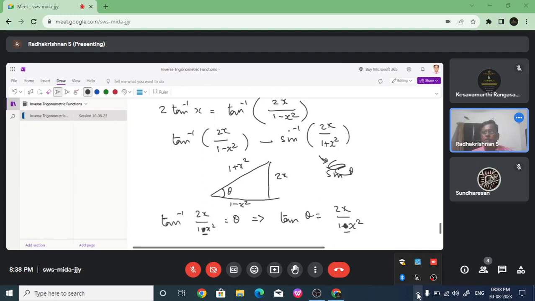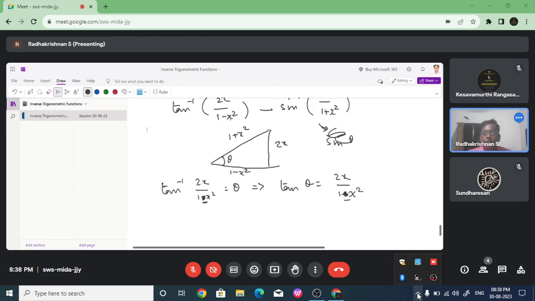That means here sine inverse of 2x by 1 plus x square is also theta. So tan inverse of 2x by 1 minus x square is equal to sine inverse of 2x by 1 plus x square. We can see that from this diagram. That means this given expression is going to become theta minus theta.